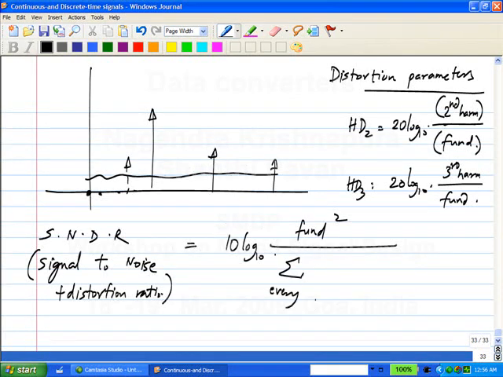Basically you find the energy in every bin, you add it up, and you take the ratio of the fundamental to that. That is the signal to noise plus distortion. And sometimes you omit the DC because DC offset is not important, but you include everything else.